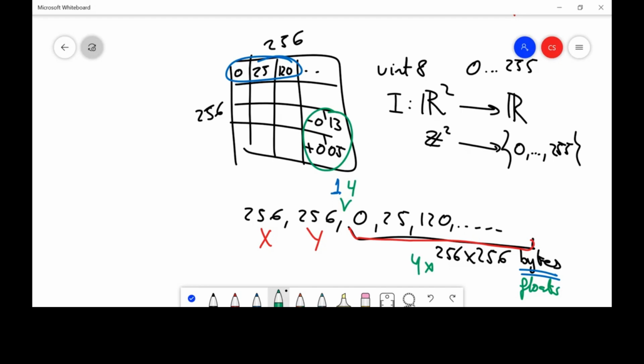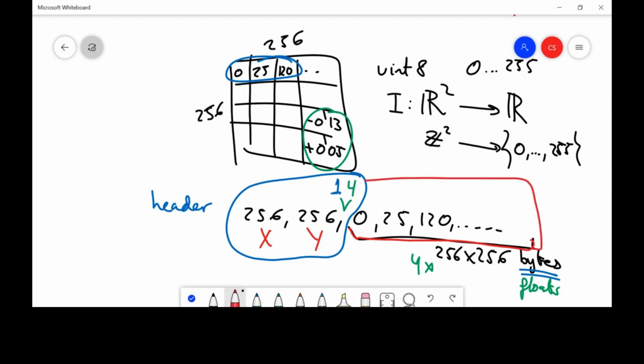Okay, so this would be a very, very basic file format. All this part here is called the header. So typically, when you save an image, you have a header, and then you have the image content. So this is the content. This is a very, very basic header.